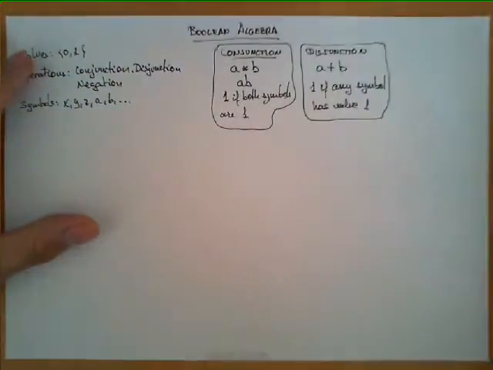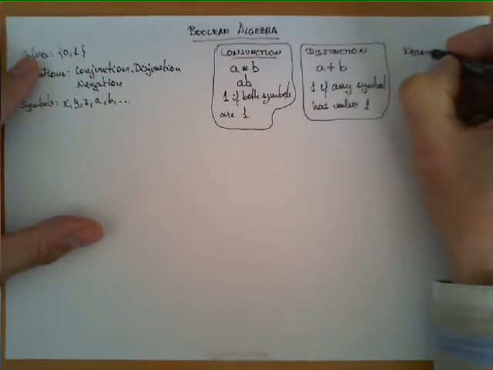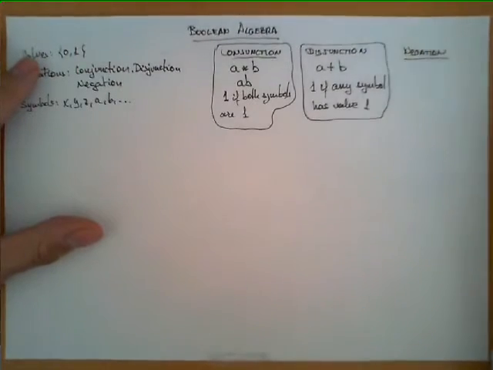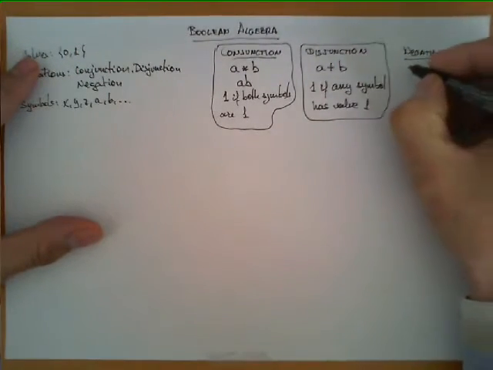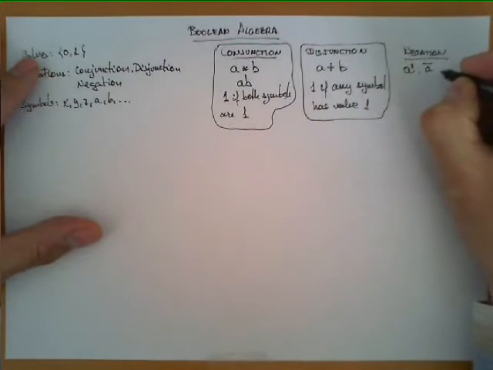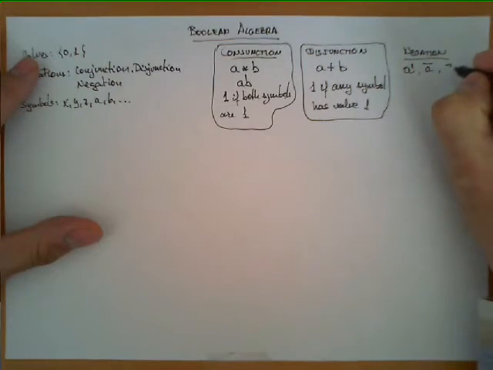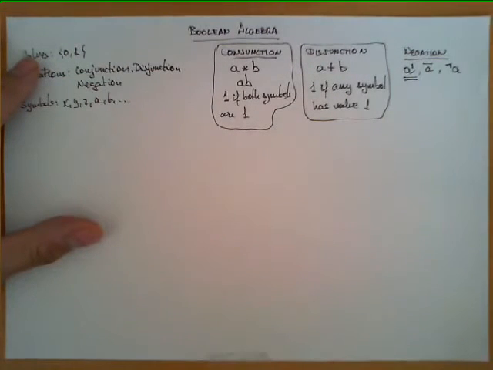And finally, the third operation, very simple, is the negation. Now, the negation has different representations depending on different types of notations, but mostly we're going to be using A prime, although sometimes you can find it also as A bar, and even sometimes with a symbol as prefix. But again, we're going to be using the A prime notation.